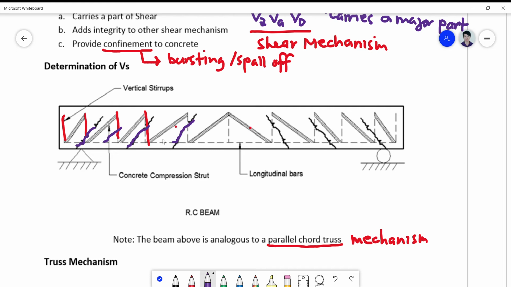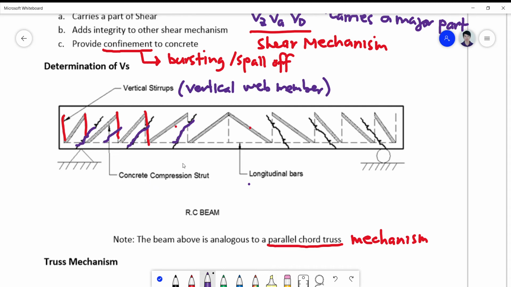The vertical stirrup acts as your vertical web member in a truss, while the part here is the concrete compression struts, which is part of the shear mechanism in the concrete.